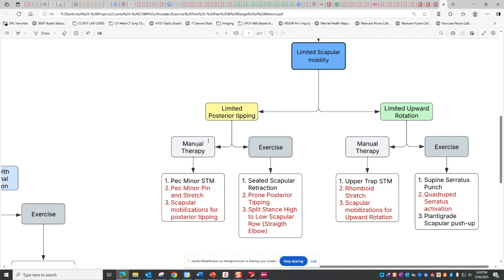And so phase one interventions would include exercises, but also manual therapy. So pec minor soft tissue mobilization, pec minor pin and stretch, scapular mobilizations promoting posterior tipping, with the exercises: seated scapular retractions, prone posterior tipping exercises that also promote that type of retracted position or reinforce that, but with an emphasis on the tipping aspect of it rather than just pure retraction.